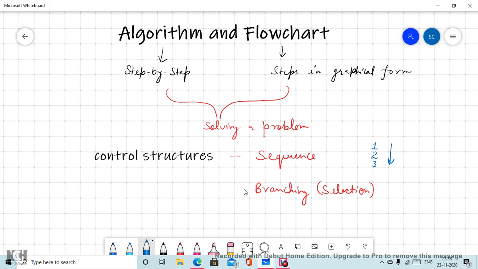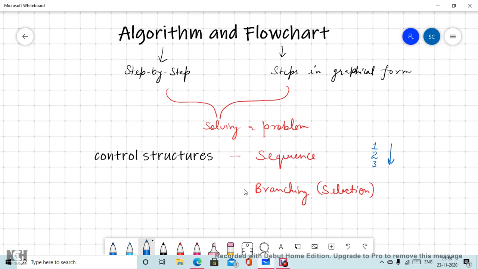Now when I say branching, that means in case of branch control, there is a condition and according to the condition, a decision is made with either a true or false outcome.